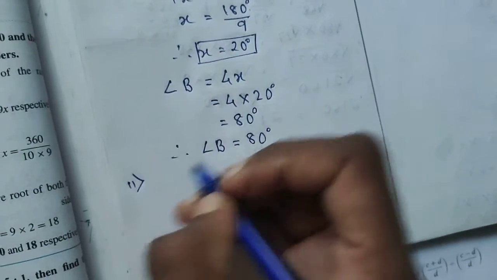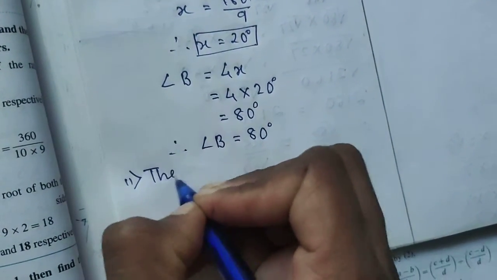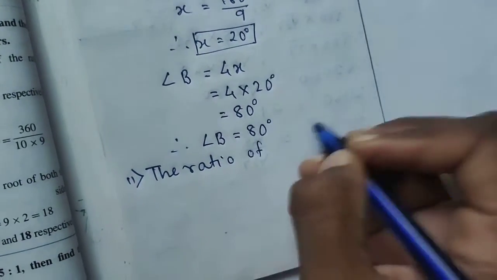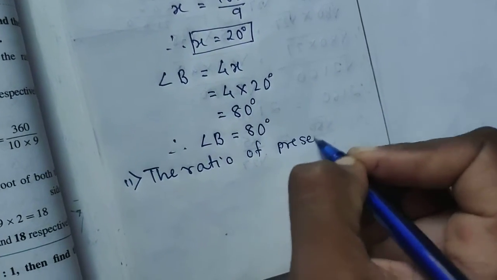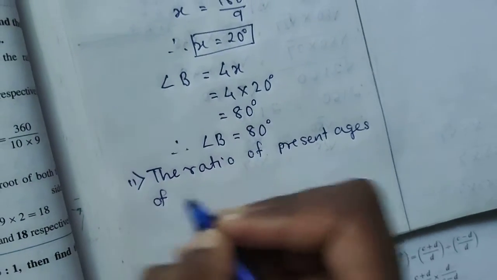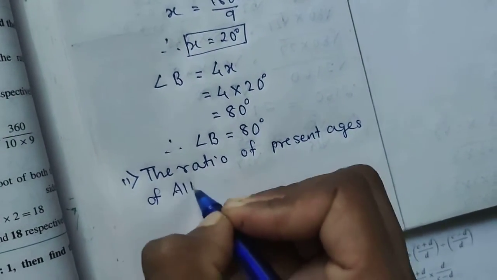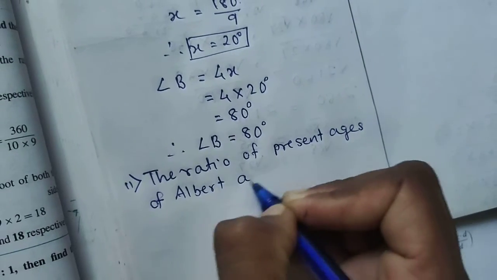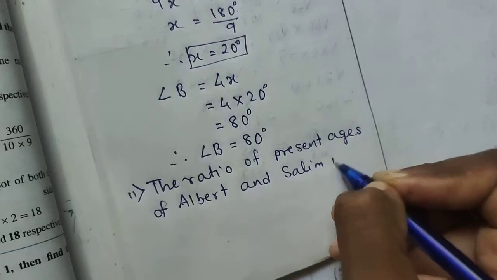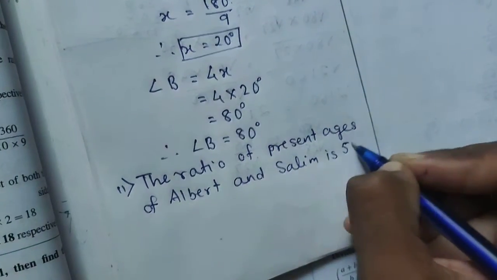Second one, the ratio of present ages of Albert and Salim is what? 5:9. This is given to us, right?